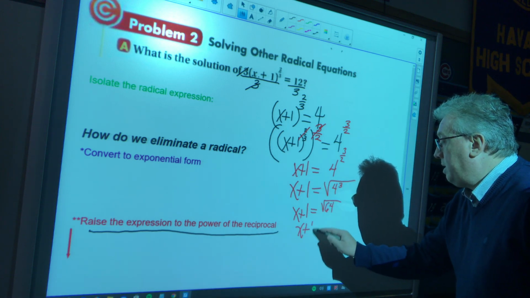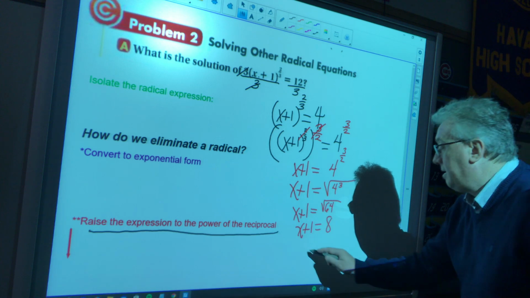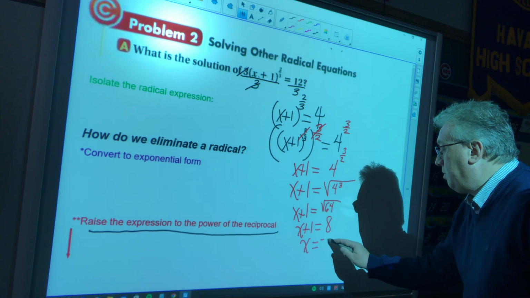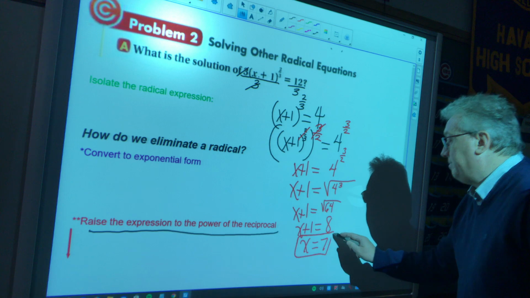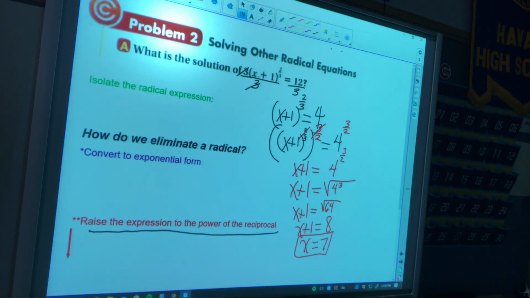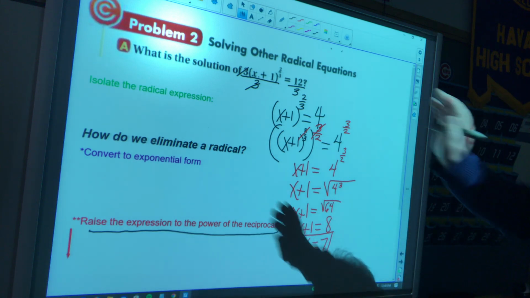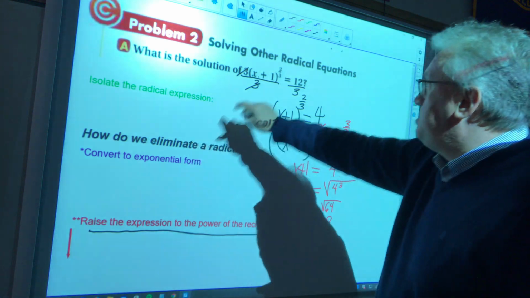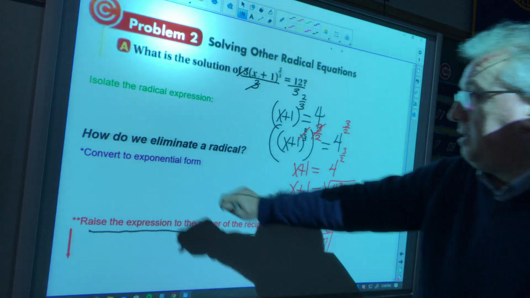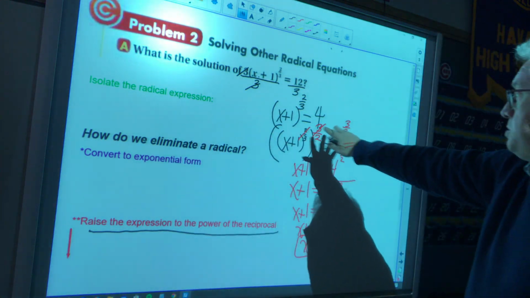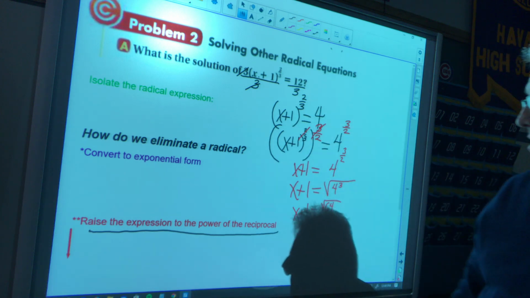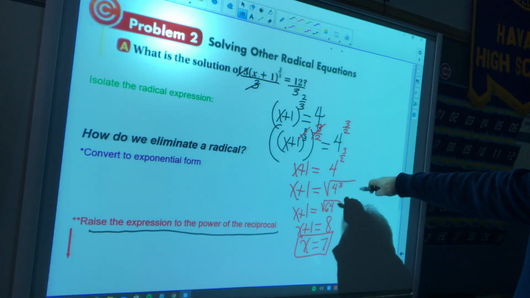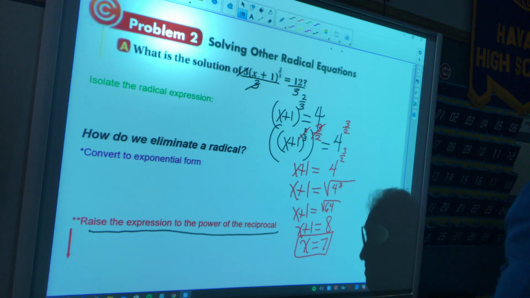So x plus 1 equals 8. So x therefore equals 7. So the biggest thing here, isolate the radical expression, which we did here. Convert to exponential form, which we did here. And then raise the expression to the power of the reciprocal, which we did right here. All right? Let's look at another example.